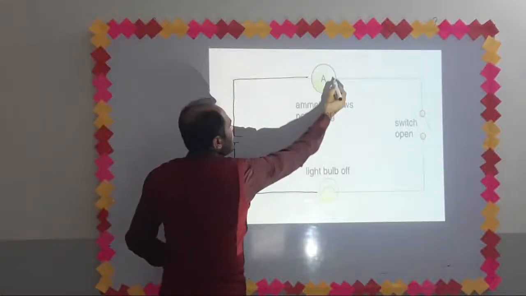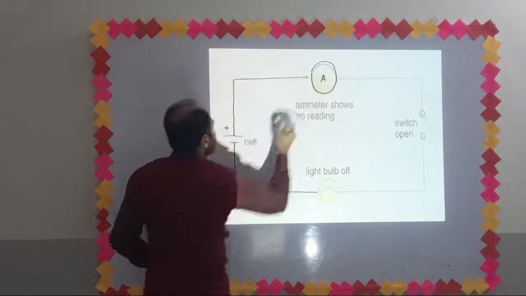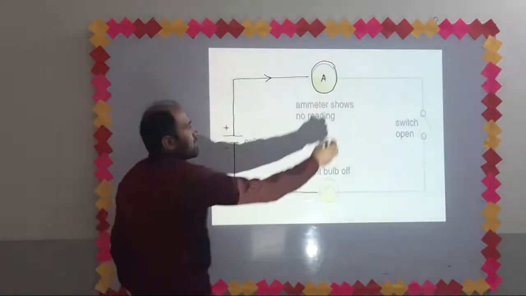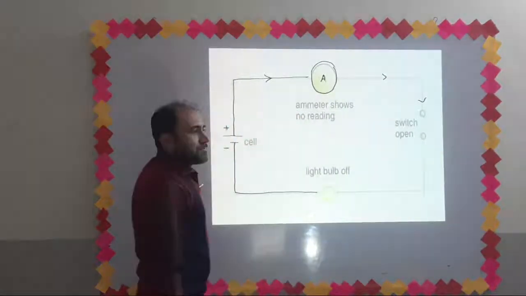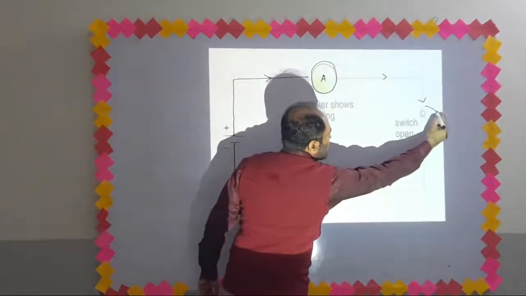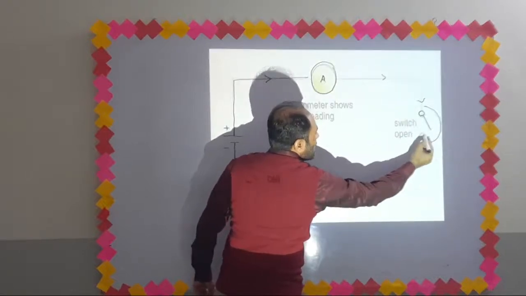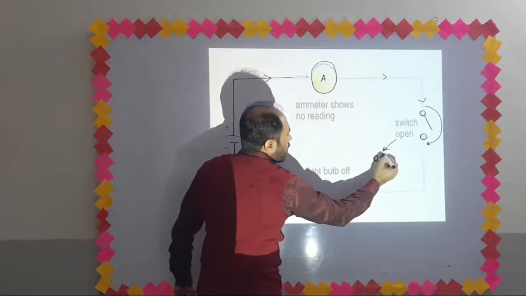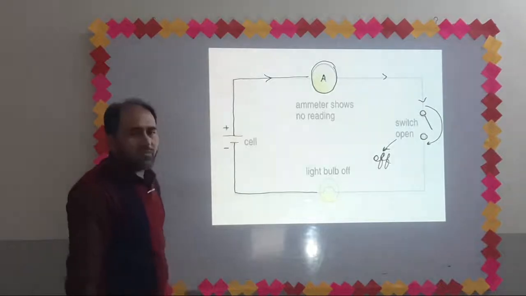This is the ammeter. An ammeter is always connected in series. The whole current will pass through the ammeter. The switch is open. Open switch means current cannot pass from this point to this point because the switch is open. If the switch is open, it means the switch is off.